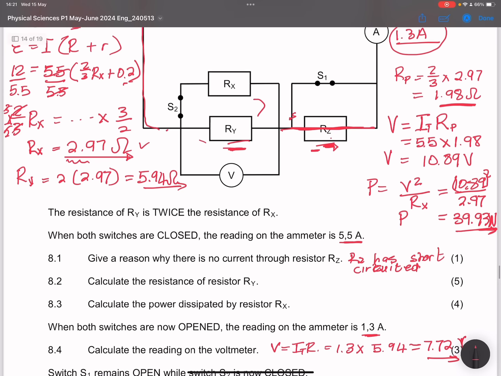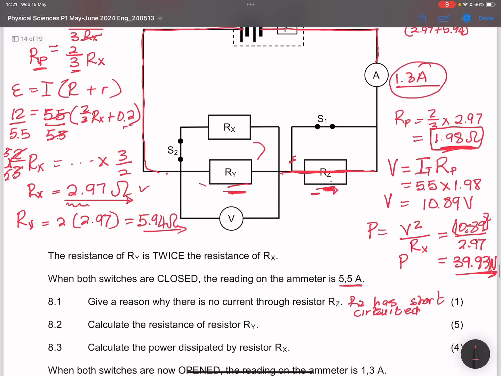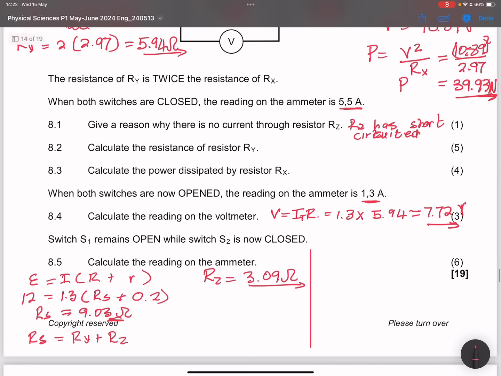By the way, we already have our parallel resistance. It was 1.98. You remember we found that, right? So R external will be Rz plus R parallel, as those would be in series now.